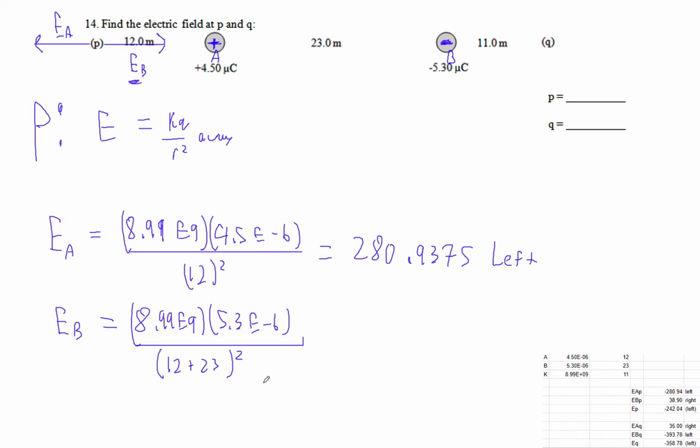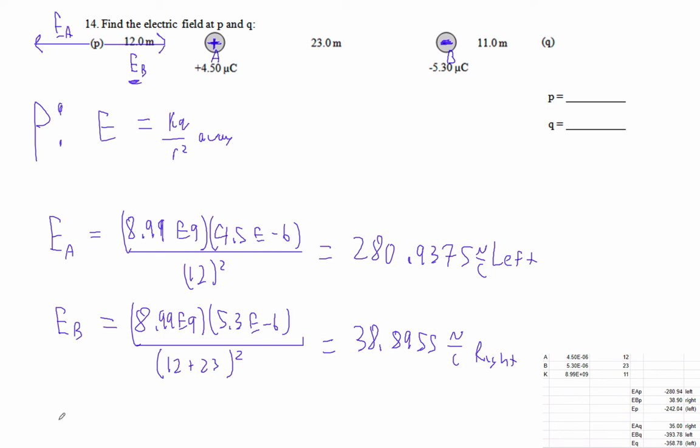And then I got an experiment here. I'm going to go parentheses. There we go. Okay, 12 plus 23 squared. Hopefully it won't do its bizarre thing. There we go. Okay, so I'm getting that this is 38.8955, and these are newtons per coulomb, and this is to the right.